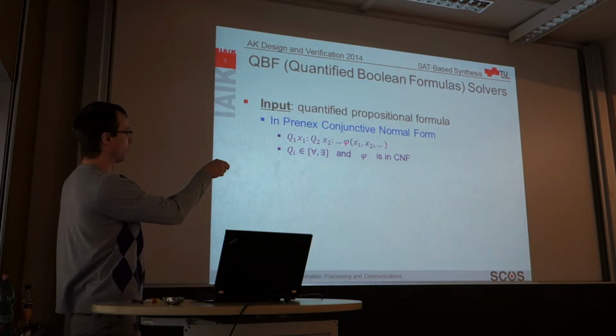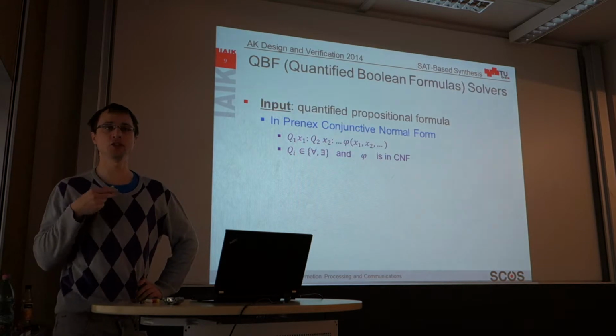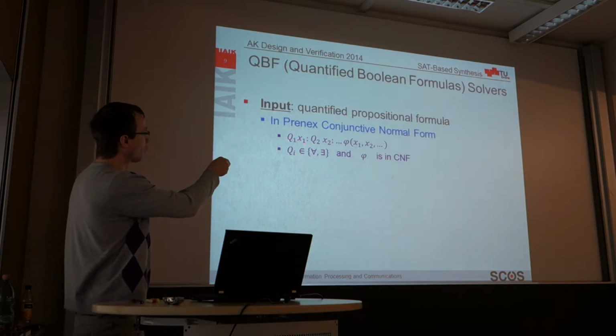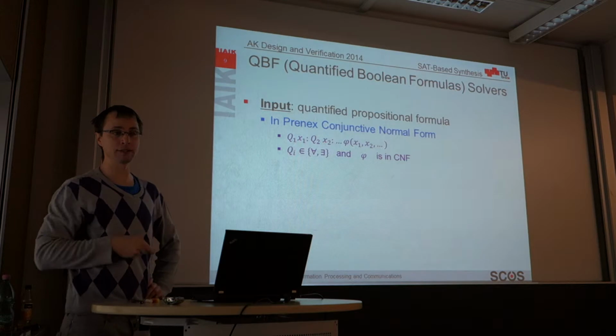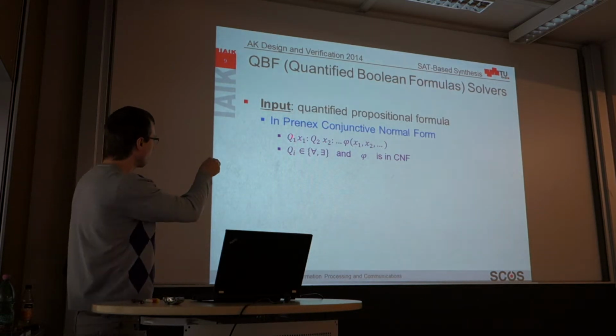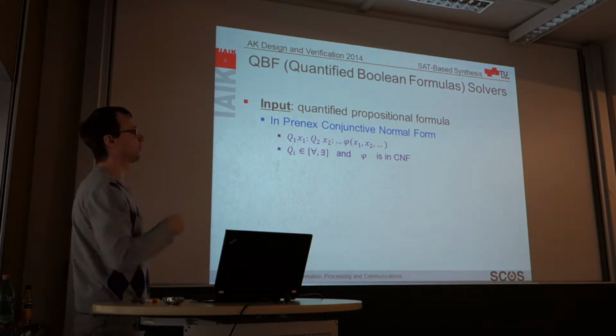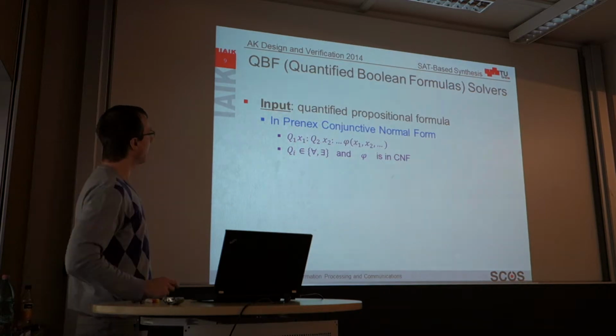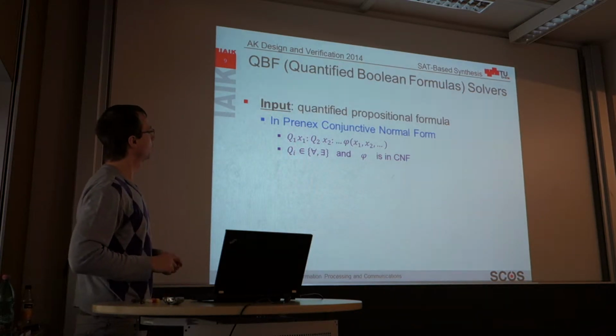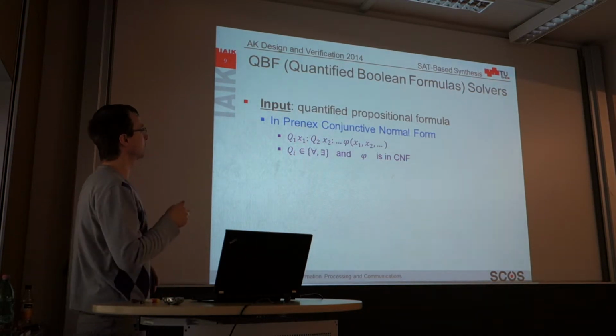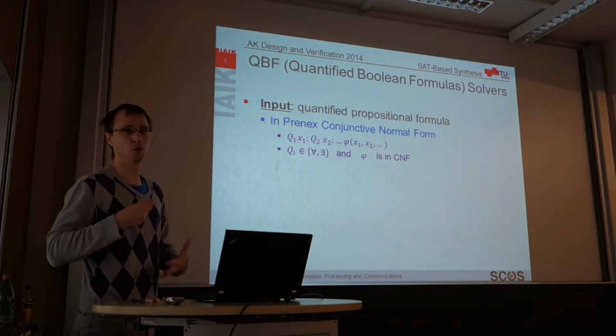This is our formula phi here. And in addition to that, we can add quantifiers over the variables as a prefix. So all these Q's here are either a universal quantifier or an existential quantifier over one of these variables. This is what a quantified propositional formula looks like in prenex conjunctive normal form.